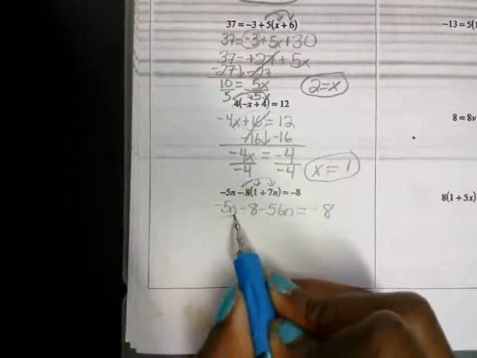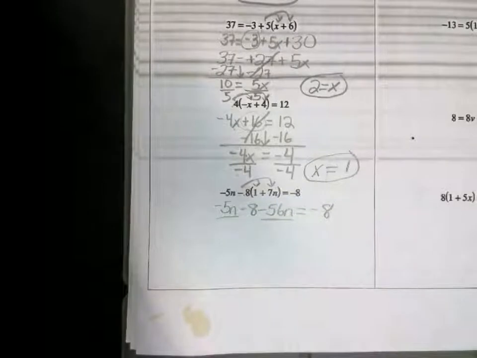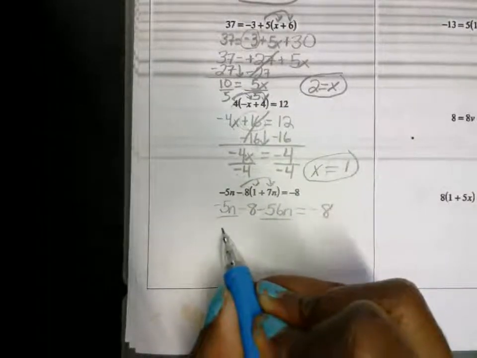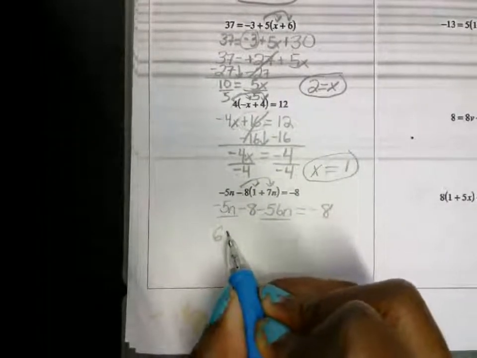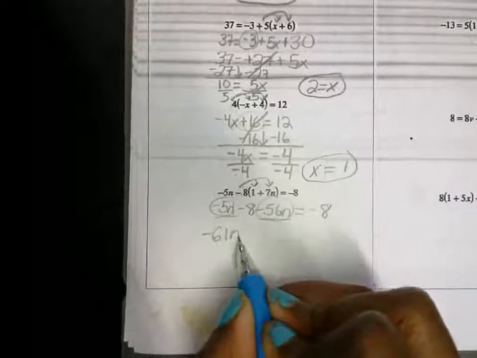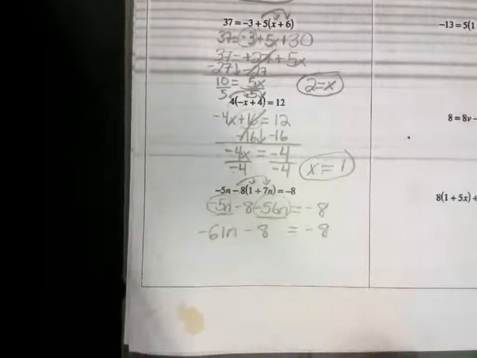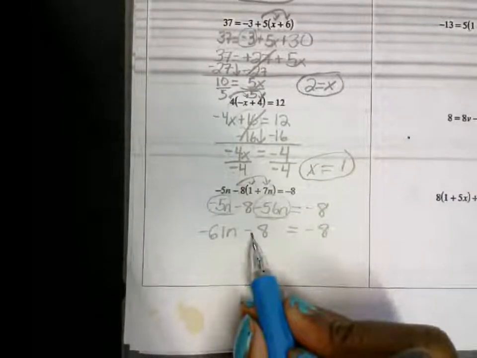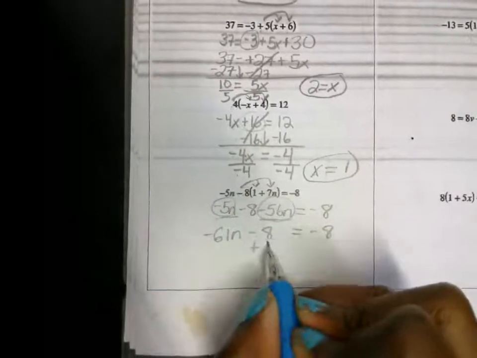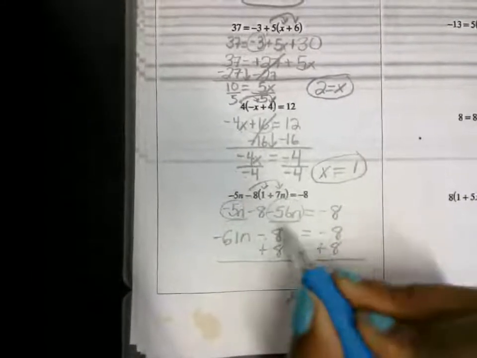Combine the terms that are alike. We're going to combine these. Okay? We combine those two terms. We got negative 61, these two. n minus 8 is equal to a negative 8. We're going to add 8 to both sides to get n by itself.